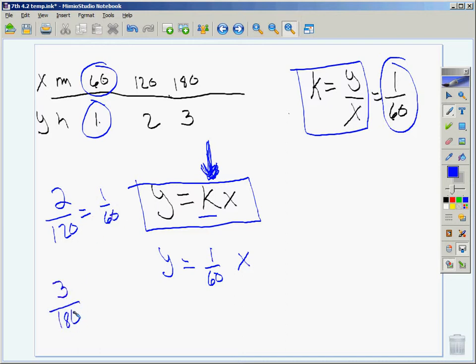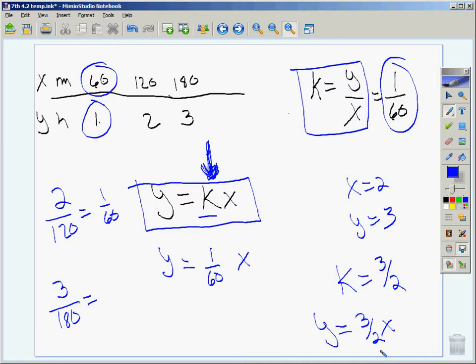So say X is 2 and Y is 3. If X is 2 and Y is 3, K is 3 divided by 2, and the equation would be Y equals 3/2 X. It's that simple.